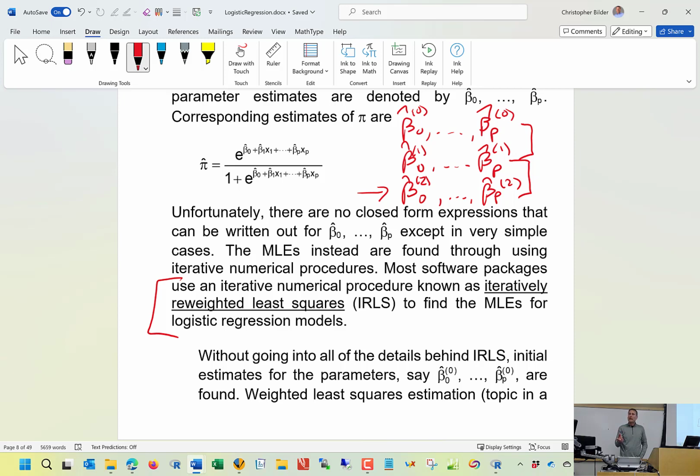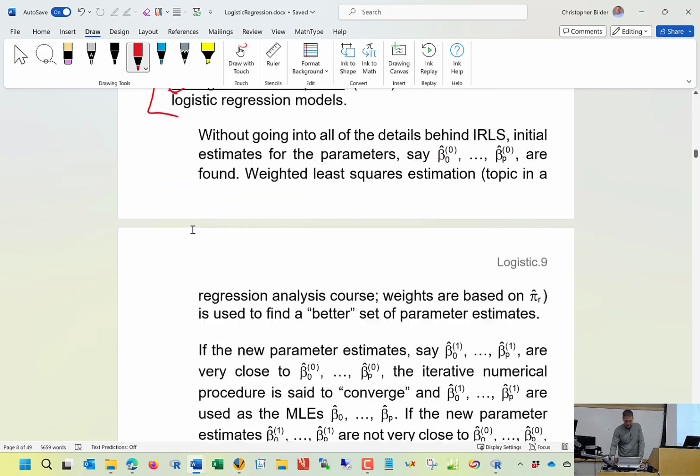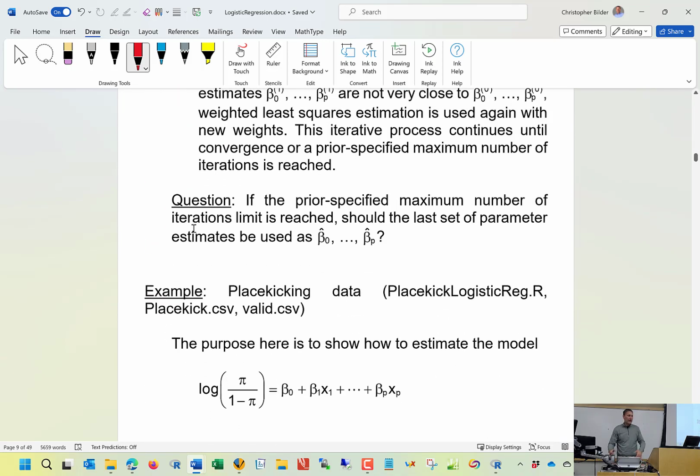And that's what weighted least squares estimation is. Now, the reweighting comes about in the iterative part, where I find new weights at each iteration or step of this process. So that's where the name comes from. We have a particular function in R that will automatically do this for us. That's why I'm glossing over some of the exact details.